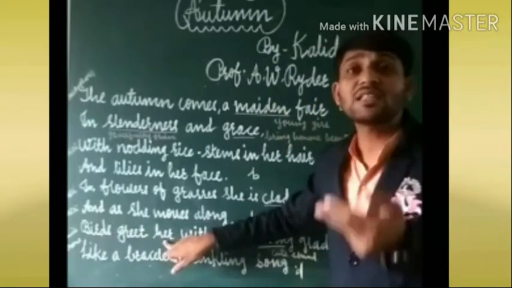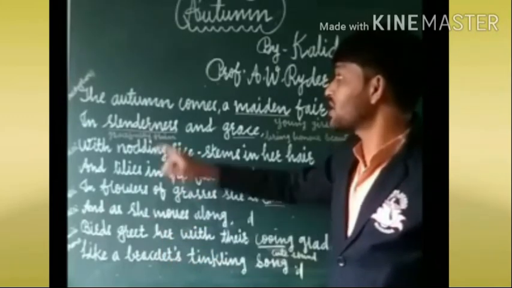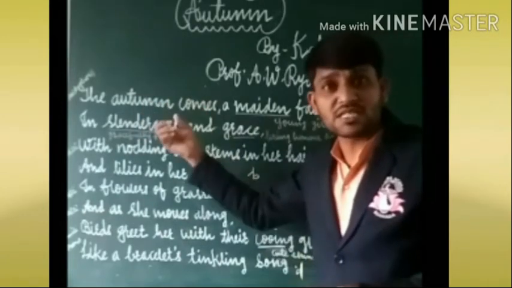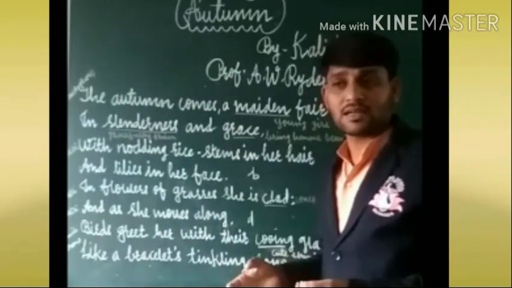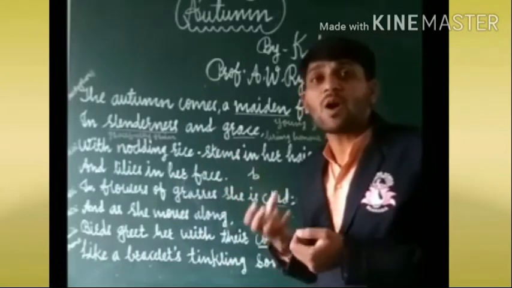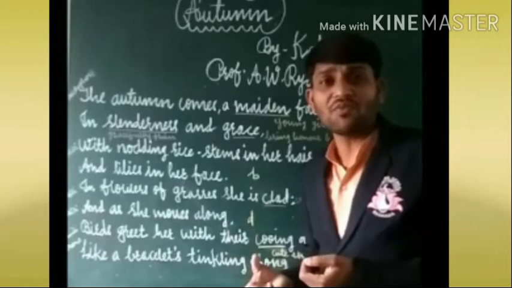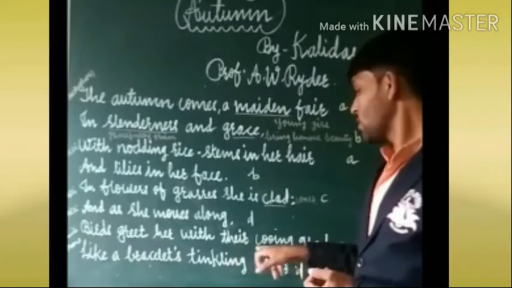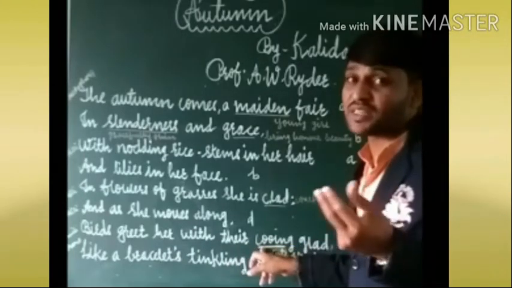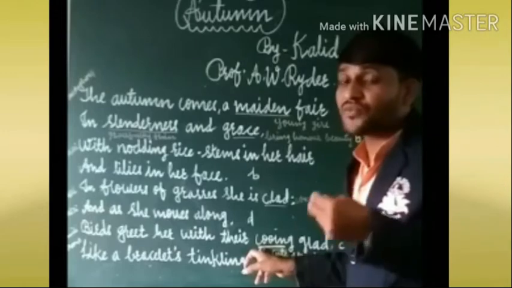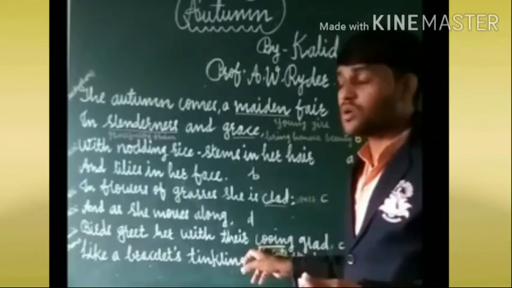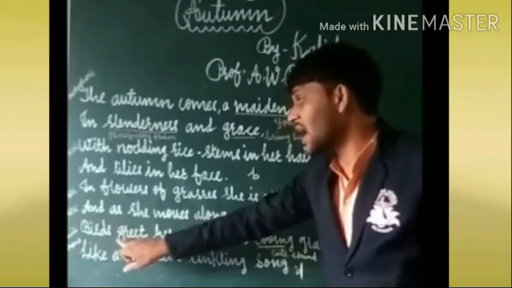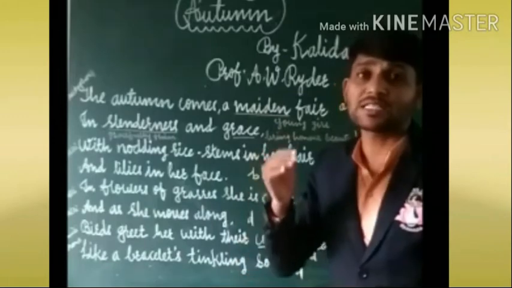Birds are welcoming the girl, which means they are welcoming the autumn season, greeting the girl, welcoming the beauty of nature, that means the beauty of the girl. And they are all very fond of their cute sound. With that fresh music, they are very happy, very glad, as the birds welcome nature personified as a girl.